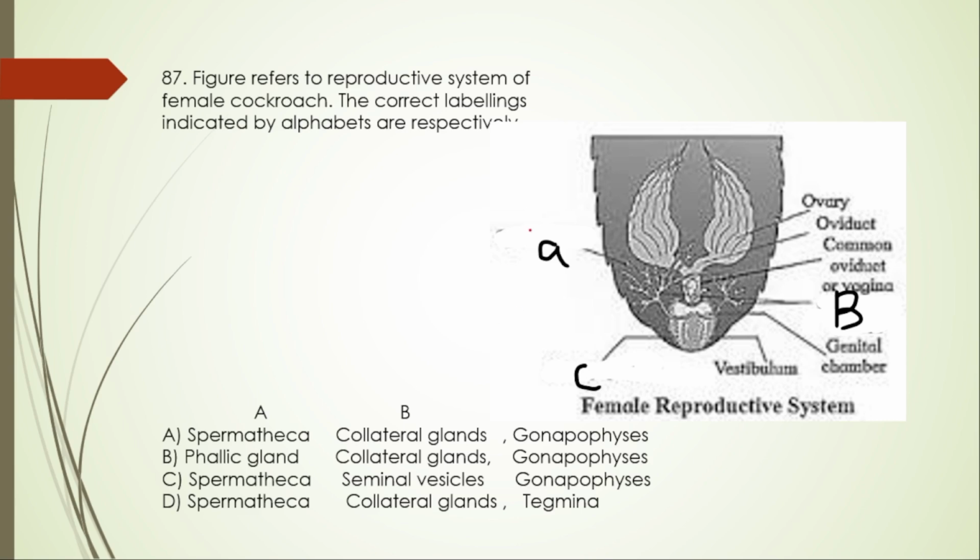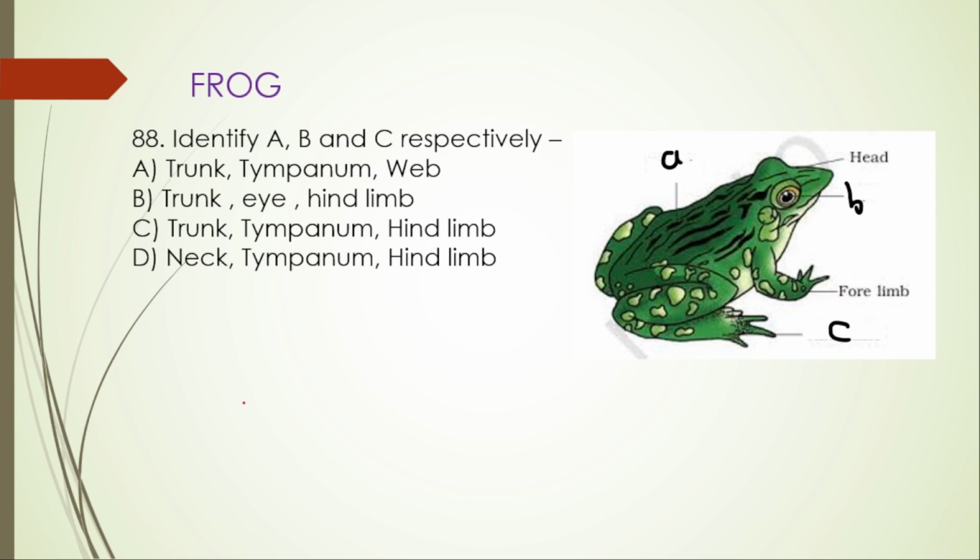A, B, and C. A is spermatheca, and B is collateral gland, and C is gonapophysis. C is gonapophysis, B is collateral gland, and A is spermatheca. So the first option itself is right here.